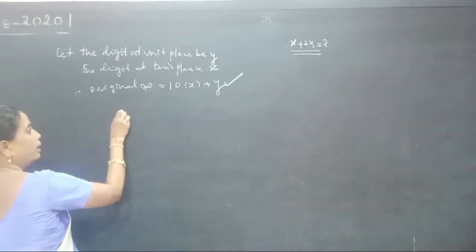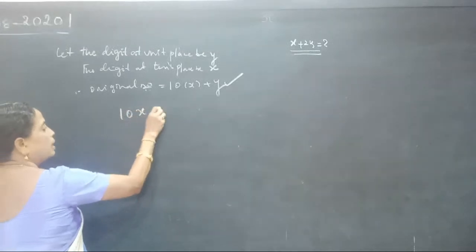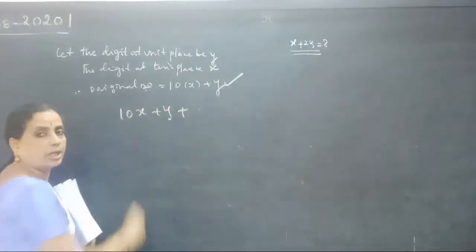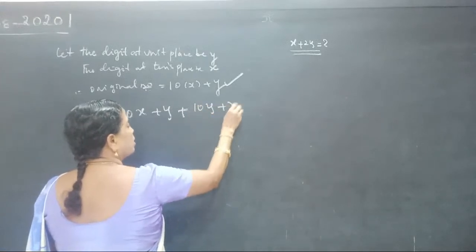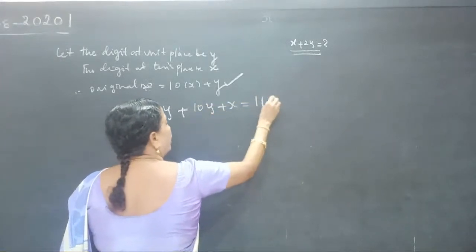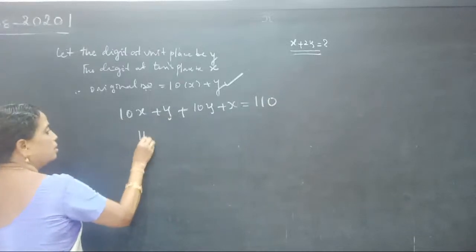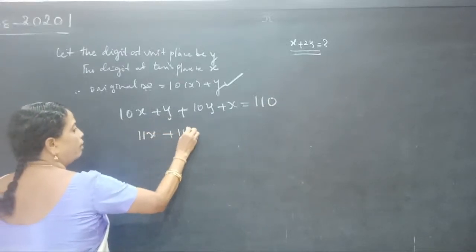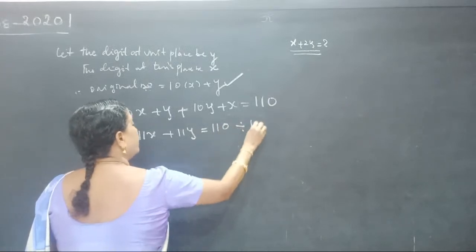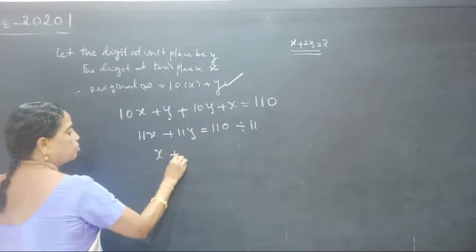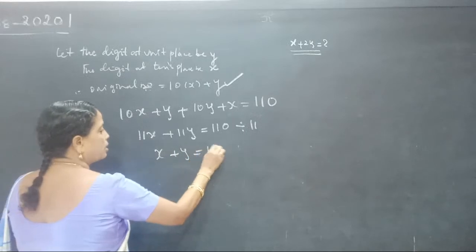So what will you get? 10x plus y, interchanging the number means 10y plus x, total 110. That is 11x plus 11y equals 110. Dividing by 11, x plus y equals 10.